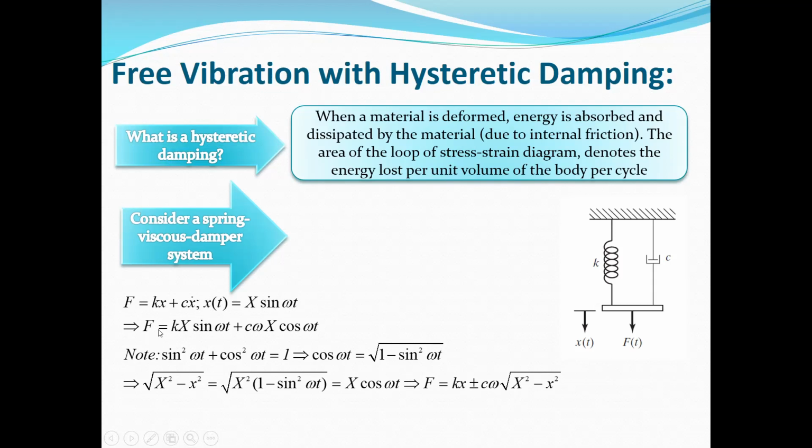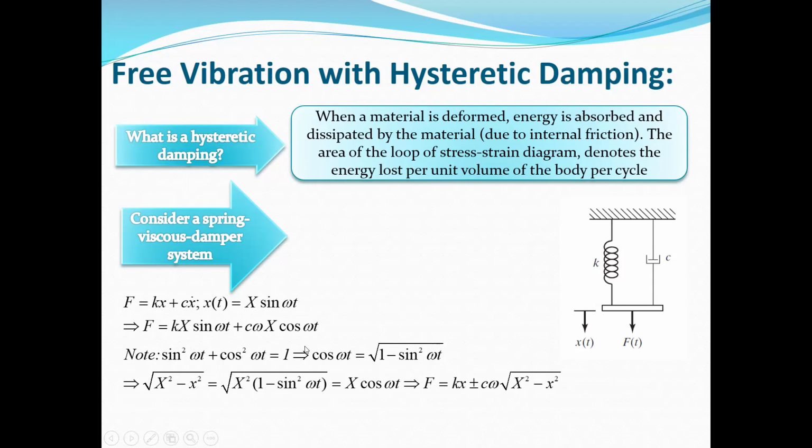When you substitute, F is equal to k times x(t), plus c times x dot, which is the derivative of x(t), equal to X times omega times cosine omega t. We can also use the note that sine squared plus cosine squared is equal to 1.